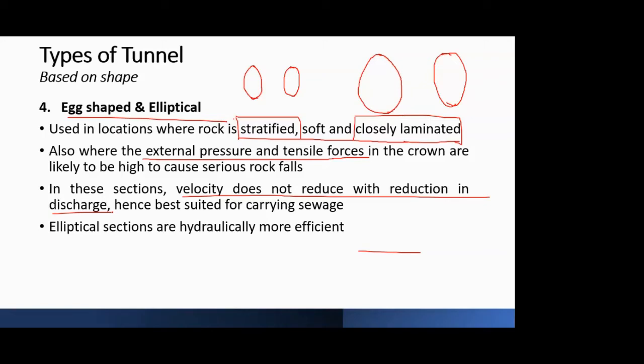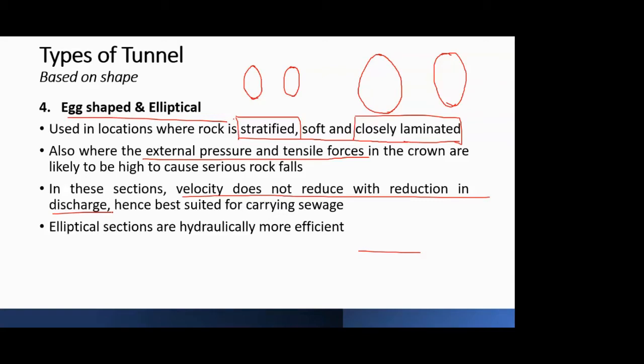So whatever sewage is collected, if you use circular pipes, what happens is if the discharge decreases, suppose in the off-peak hours or during midnight, there is almost negligible discharge of sewage from the households. So the total discharge in the pipeline will be less. And if discharge is less, the velocity will go on decreasing.